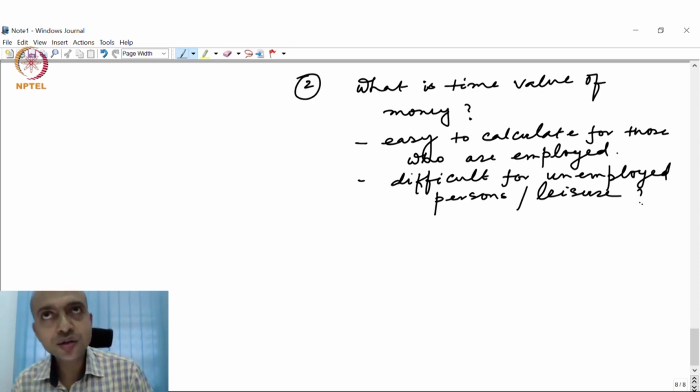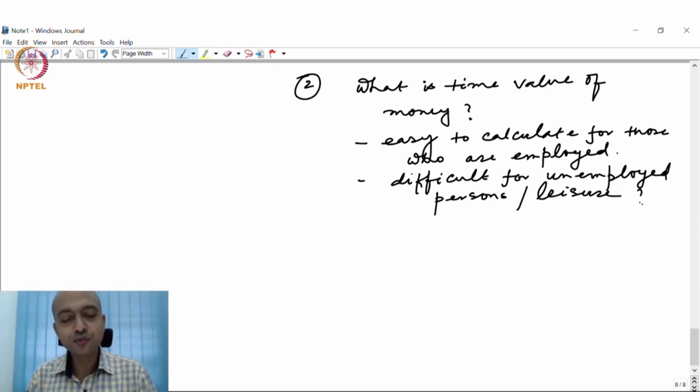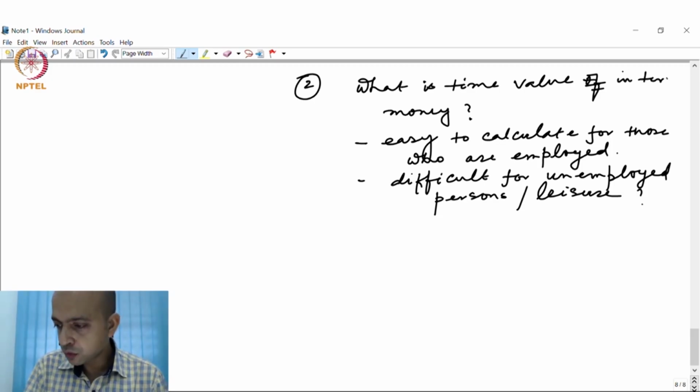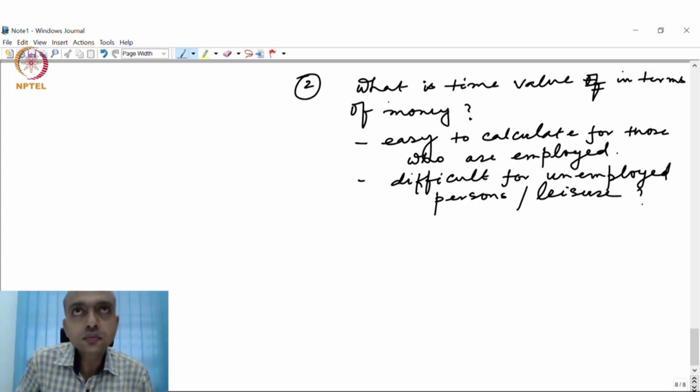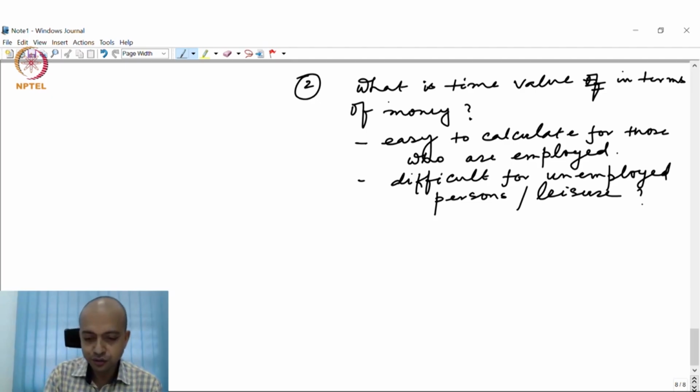Instead of saying time value of money, we can say what is the value of time in terms of money, which is easy to calculate for the employed but difficult for the unemployed person. That is the second limitation of the travel cost method.